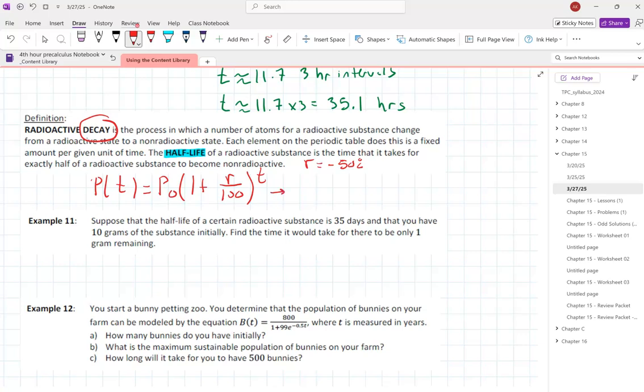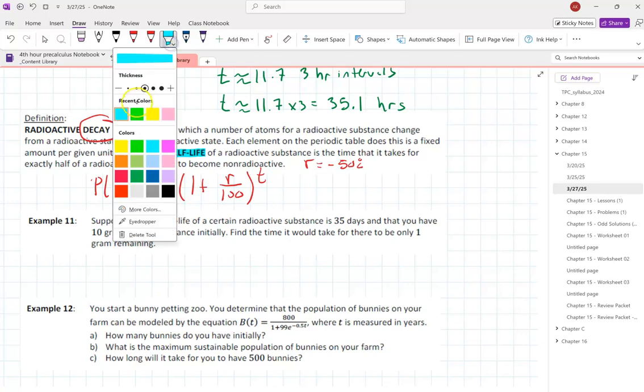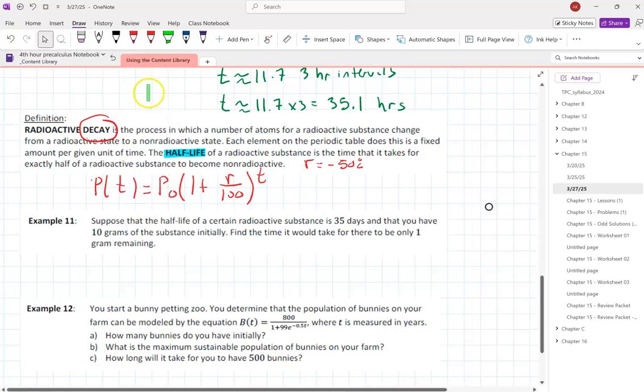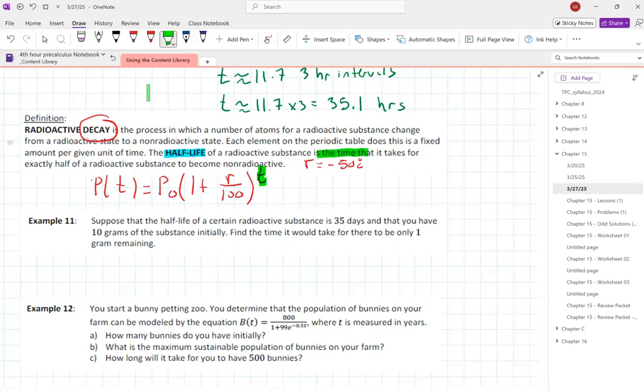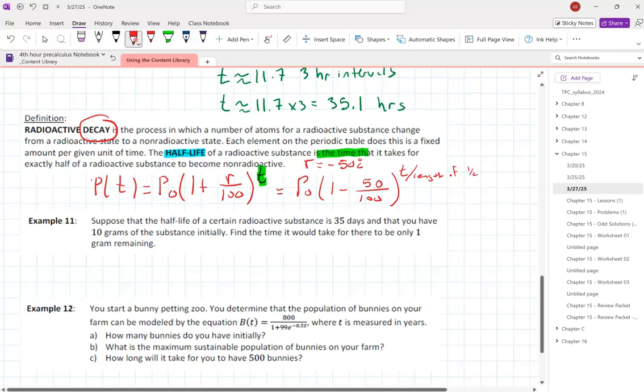And then the way I would change my T is simply use the time it takes. So I'd use that half-life number as my denominator, and that ought to do it.